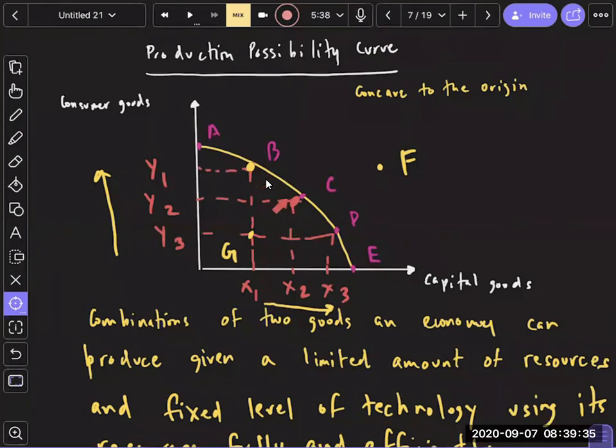The second thing is that if you're not on the PPC, then of course you're not producing the maximum possible. Any point inside is where you are probably underutilizing your resources, or you're suffering from some kind of inefficiency. Make sense?